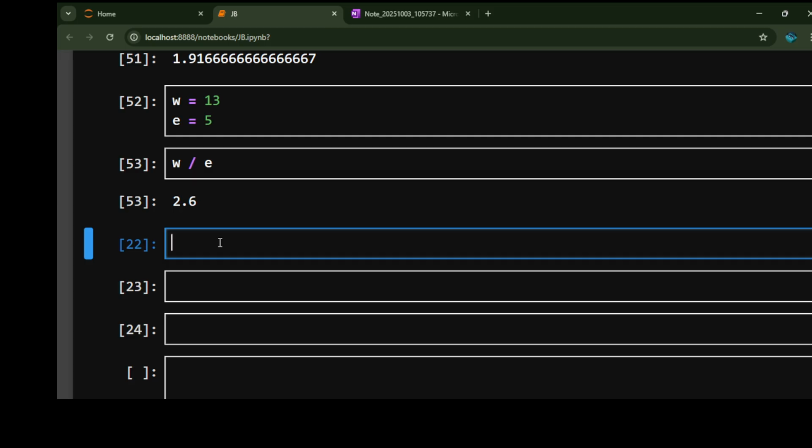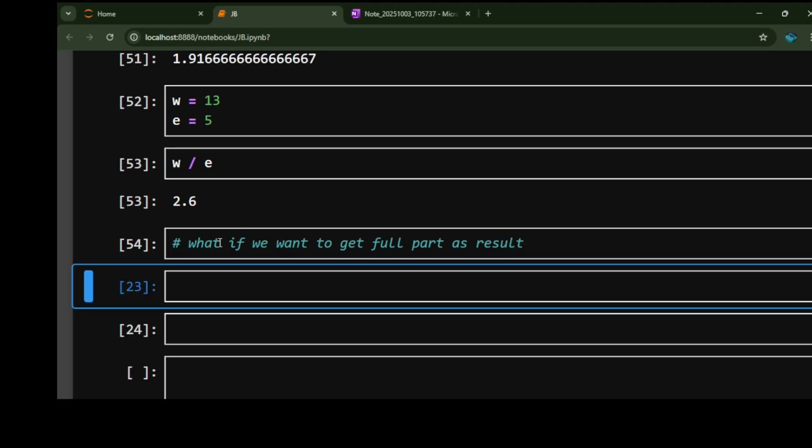What if we want to get the full part as result?